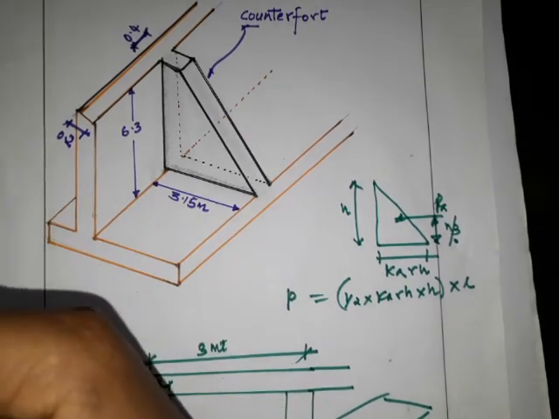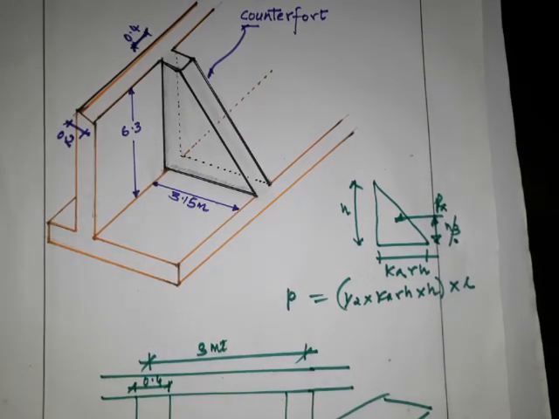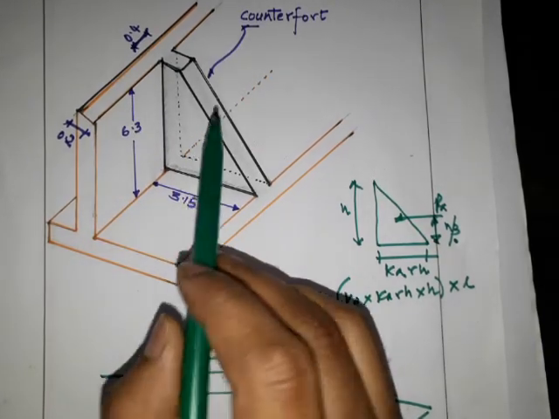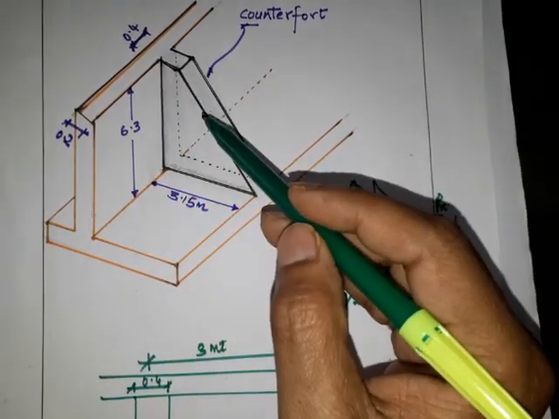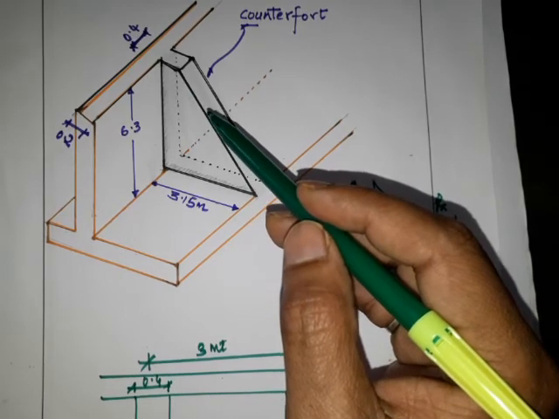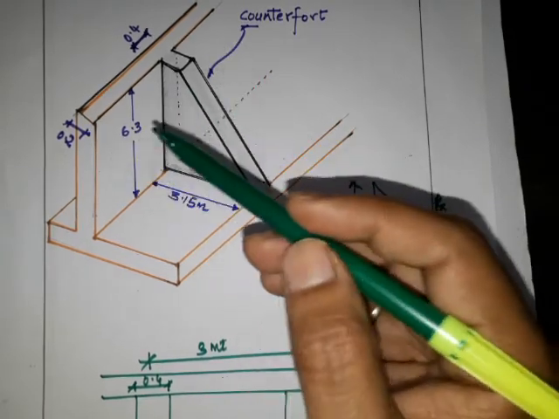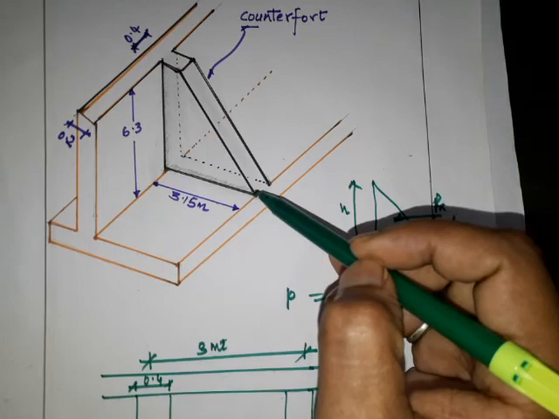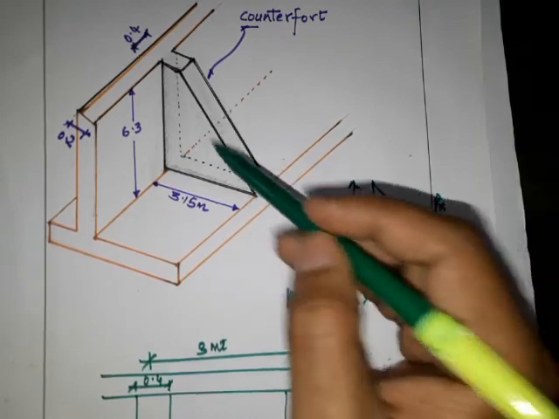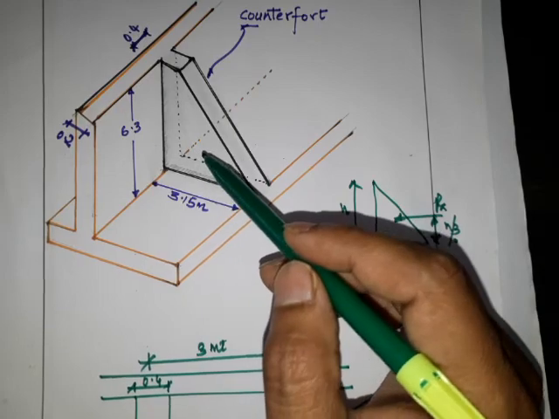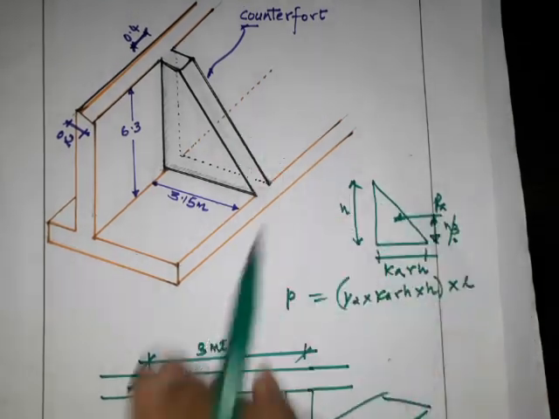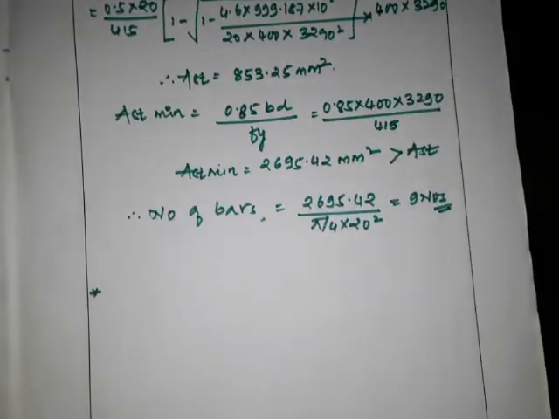Okay, so considering that, you provide the 9 bars, but in a curtailment pattern. Out of 9 bars you can provide 50%, or 5 bars, throughout the height, and 4 bars we can stop. What you can write here, I'll explain in the detailing part.